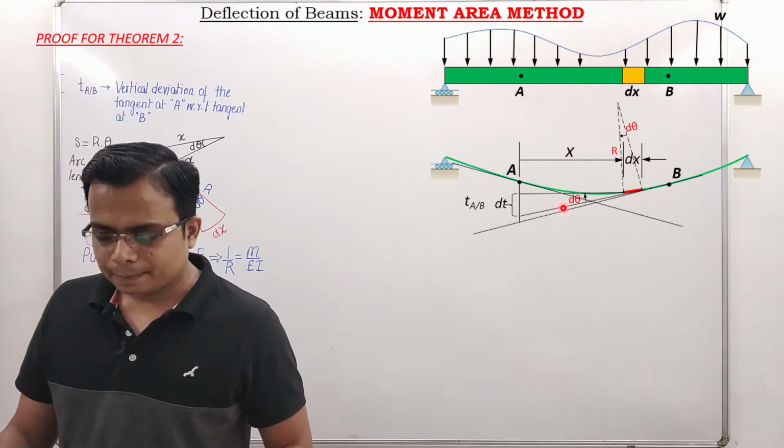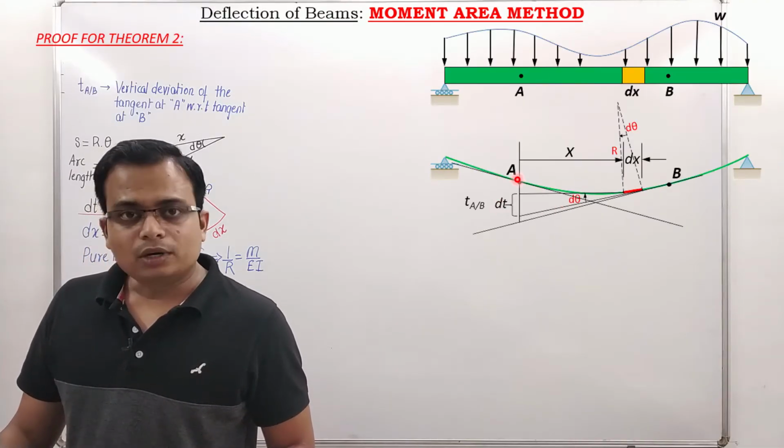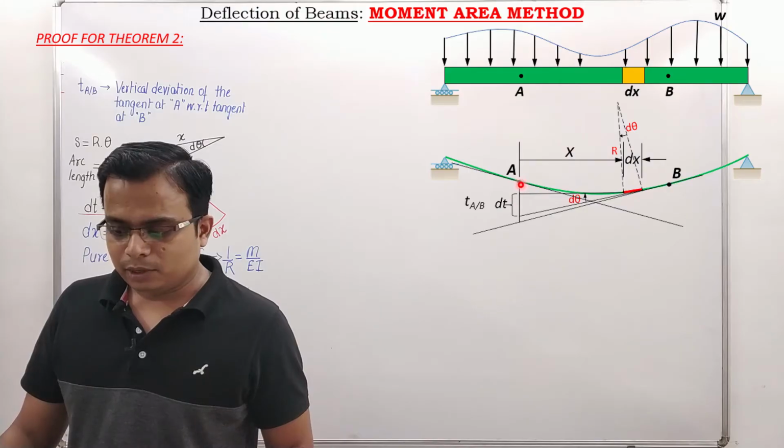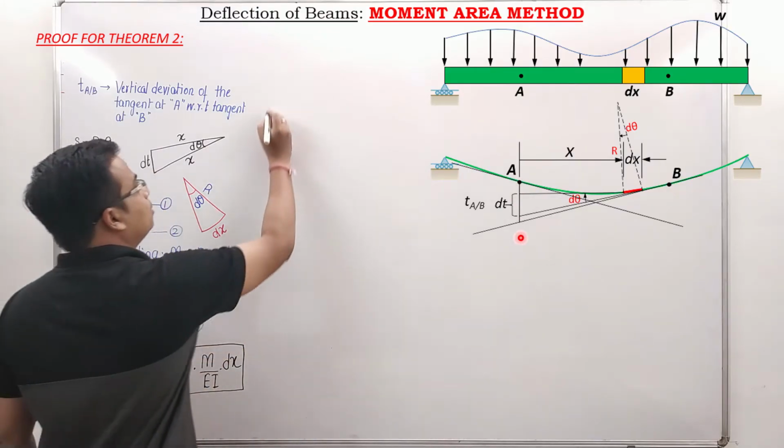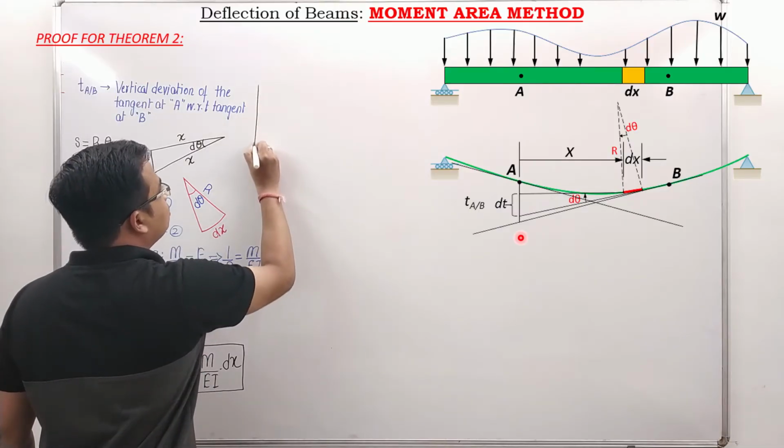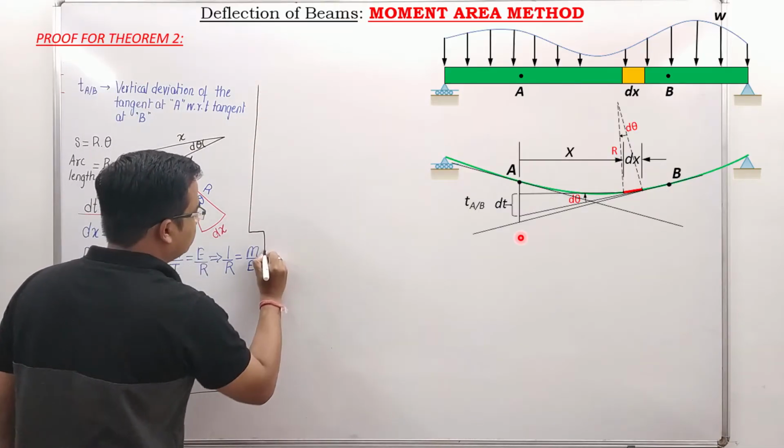If you watch carefully, we want the total deviation from this point to this point. What you need to do for that is integrate within a certain allowable range.